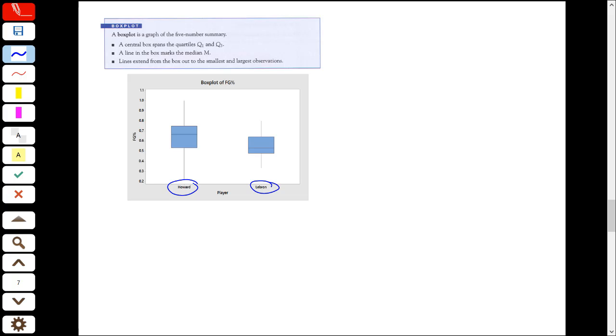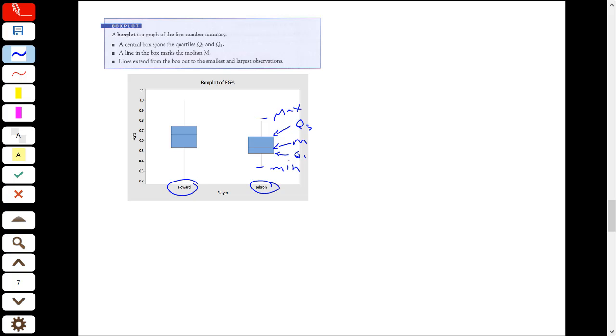It consists of 5 parts: the min, Q1, the median, Q3, and the max. So it's just a visualization of a 5-number summary, and the same goes for Dwight Howard.